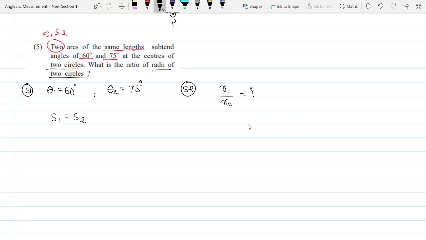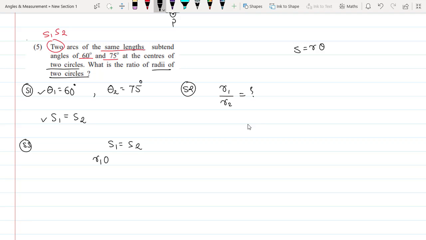कसं काढणार हो? See, for any given question you require any two parameters. ठीक आहे, S is equals to R theta मध्ये तुम्हाला कुठलेही दोन पॅरामीटर्स पाहिजेत. Now in this question you know the theta and you know the S. So step number 3 is what? Let's use this S1 is equals to S2. So S1 म्हणजे काय?